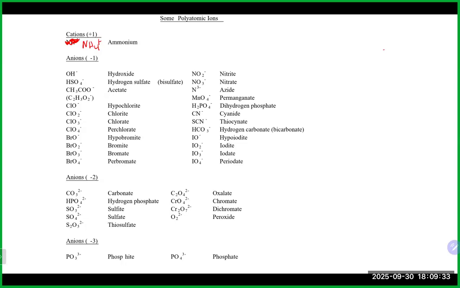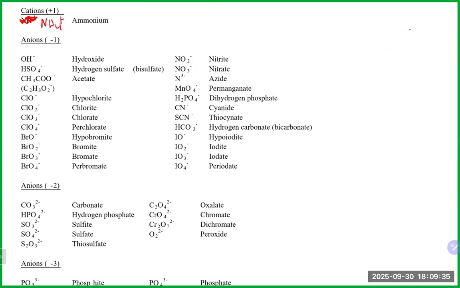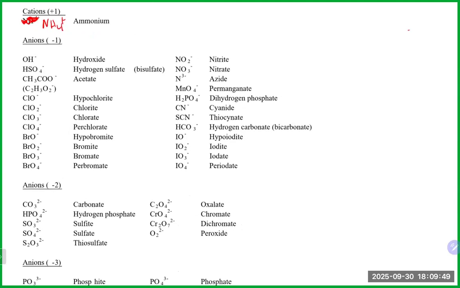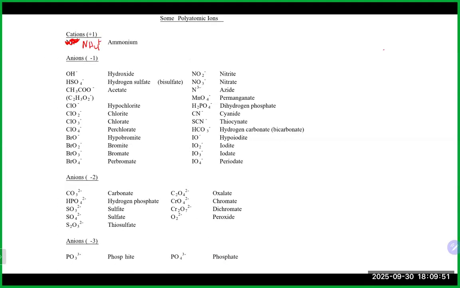Here is a list of some polyatomic ions, and you do need to know them, but when we look at these lists, there are ways you could group things together to make it easier to know. Again, you can see ammonium up there is our one positive guy, but there are a couple others. When you look at these polyatomic ions, for example, SO4 2 minus, that is 1 sulfur and 4 oxygen with a -2 charge.